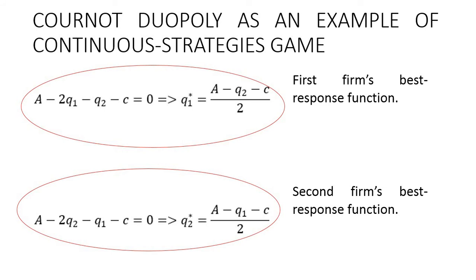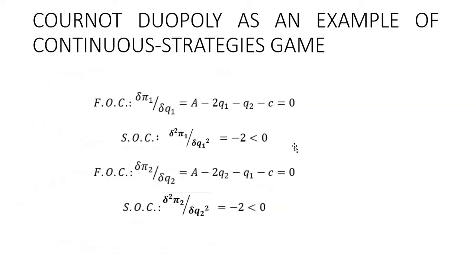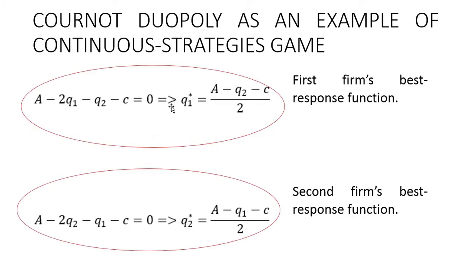Okay, so the next step is to derive best response function. So we take this expression we obtained from first order condition, and we need to solve it for Q1. So we need to express Q1 as the function of exogenous variables A and C and quantity produced by the second firm.